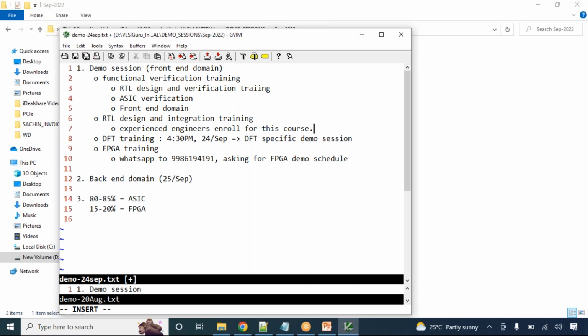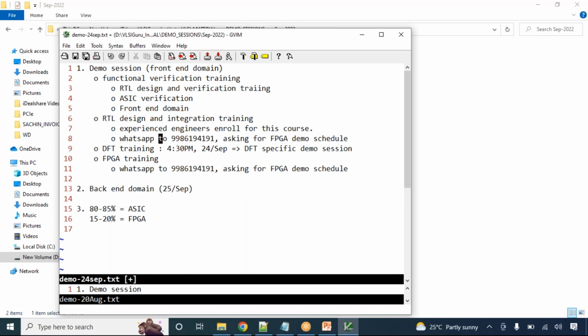In case you are interested in RTL design integration, WhatsApp to this number asking for RTL course demo schedule. Our manager will reply back to you, schedule it and inform you. That will be done today and tomorrow itself. DFT is anyway scheduled. We will be scheduling FPGA training also tomorrow based on candidate availability.